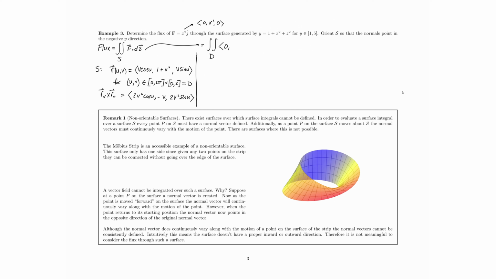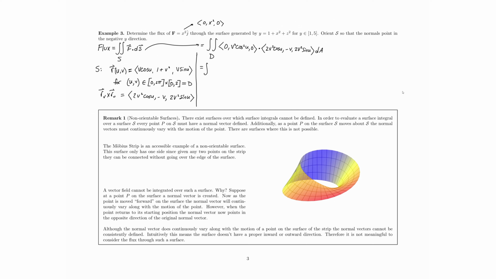So this would be 0, comma, v squared cosine squared u, comma, 0, dotted with our normal vector, 2v squared cosine u, negative v, comma, 2v squared sine u, dA, which will end up being either du dv or dv du, depending on the order that we choose to integrate this.